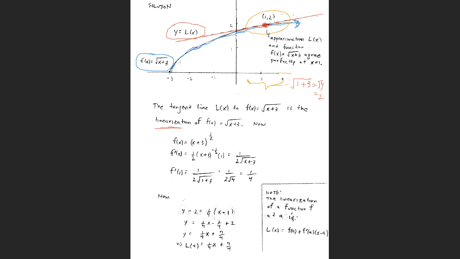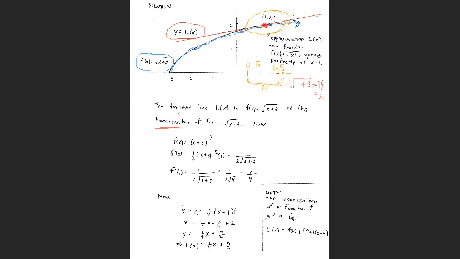From x equals 0.5 to x equals 1.5, would you say that line approximates the function reasonably well?